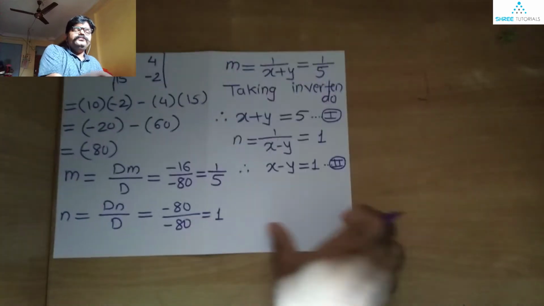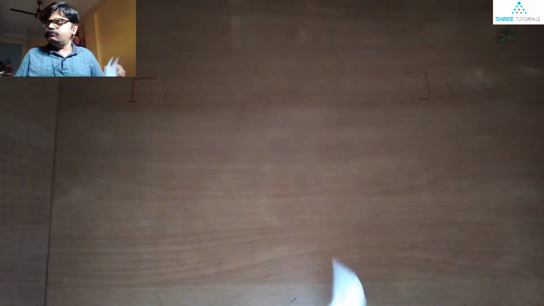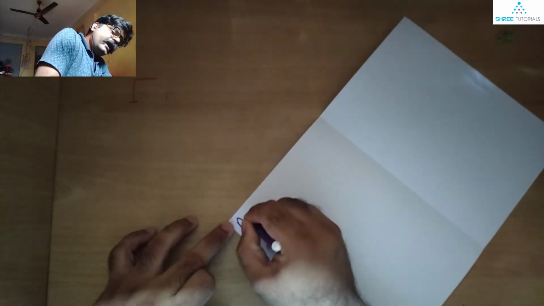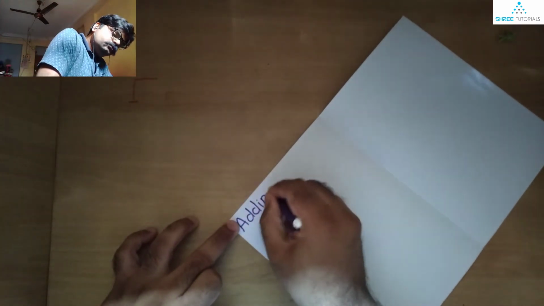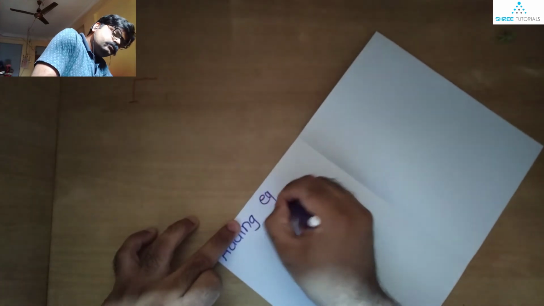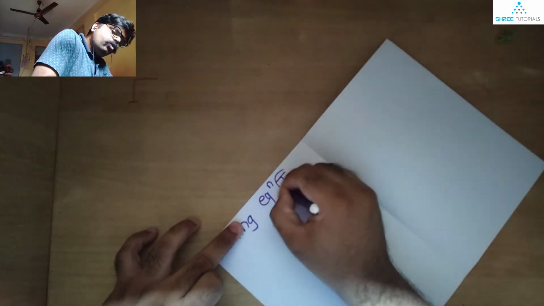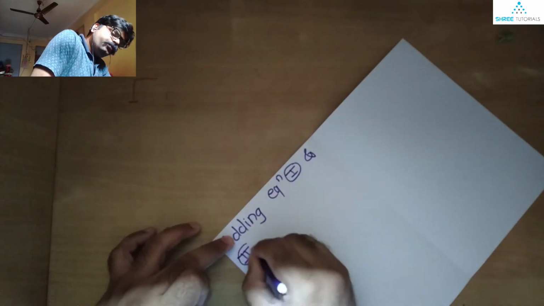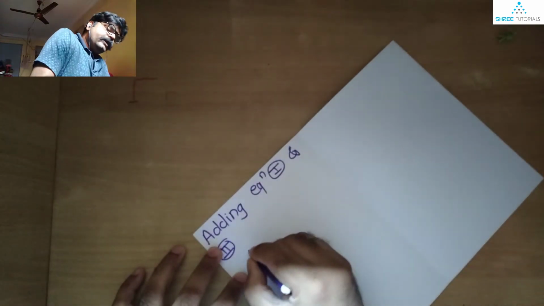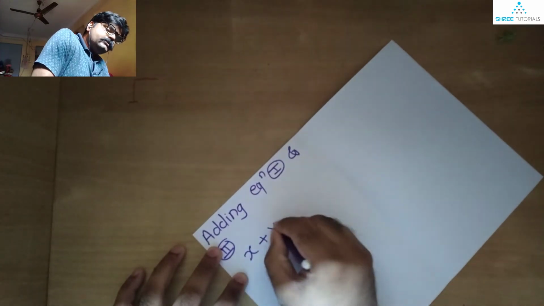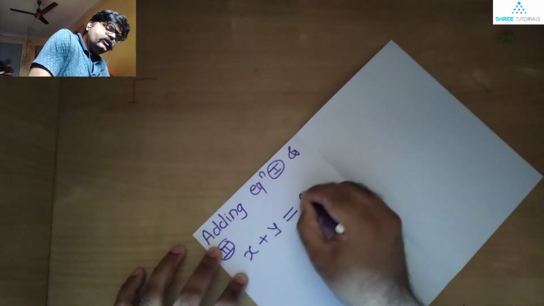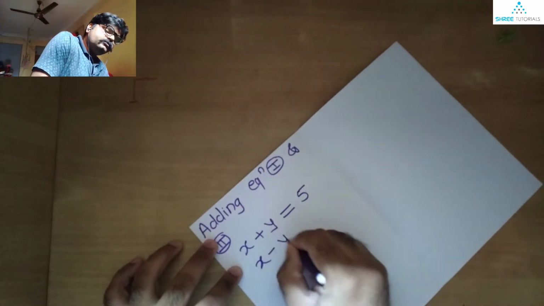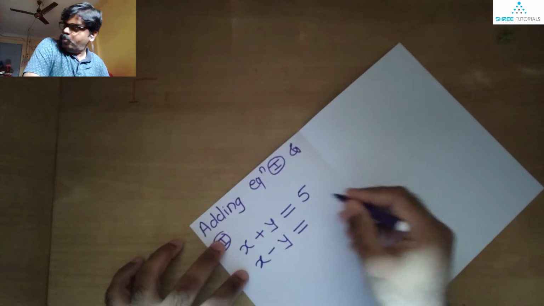Adding equation 1 and 2, x plus y was equal to 5, whereas x minus y is equal to 1.